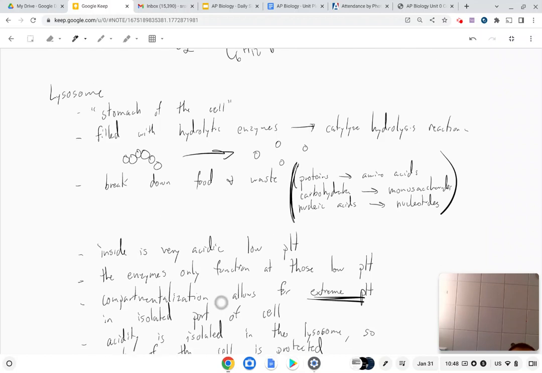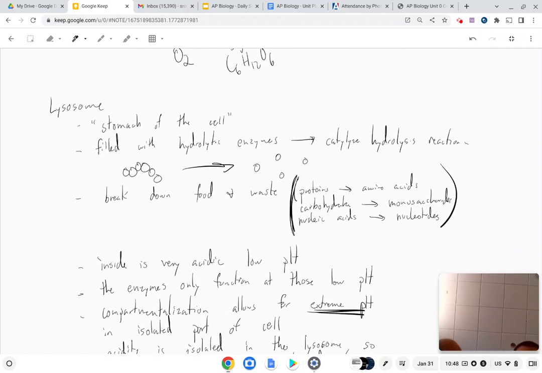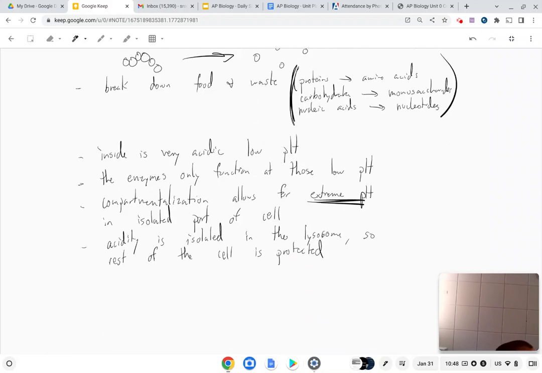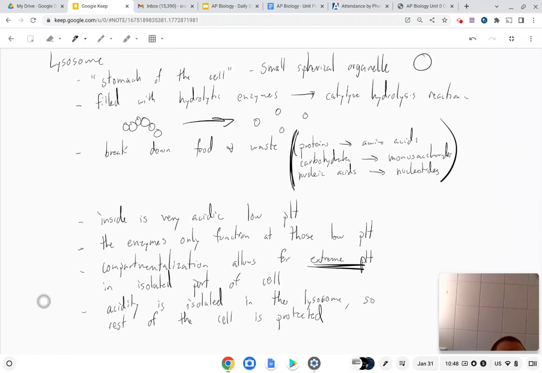But by the way, the lysosome is structurally just a small spherical organelle. Very simple structure, right? Okay. That's going to wrap it up for organelles.